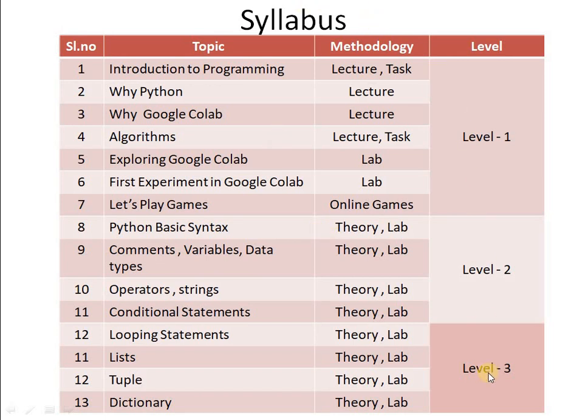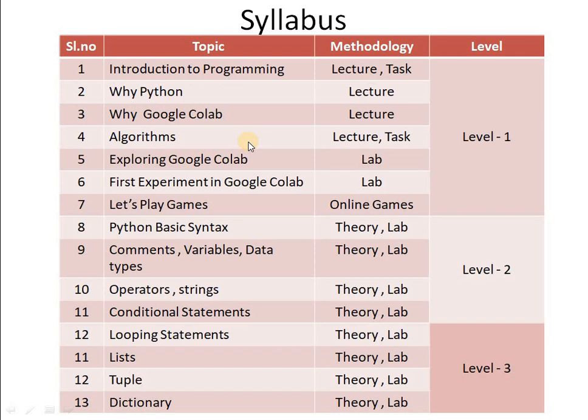And this is the syllabus. We have divided the syllabus into various levels. A detailed syllabus is available for downloading on the home page of this online session itself. Level 1 has an introduction to programming, not to Python programming, an introduction to programming. Then we will discuss why we prefer Python programming and why Colab from Google is preferred.